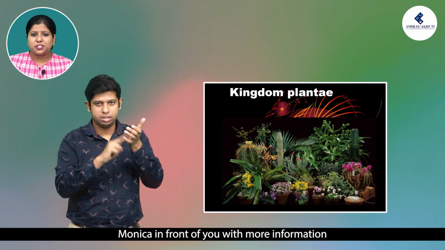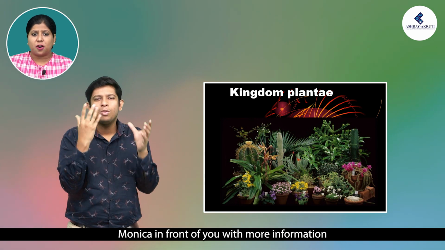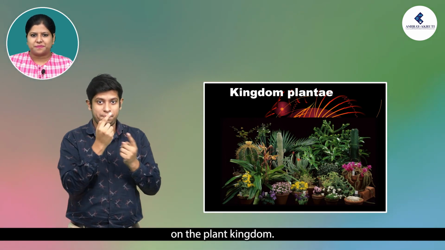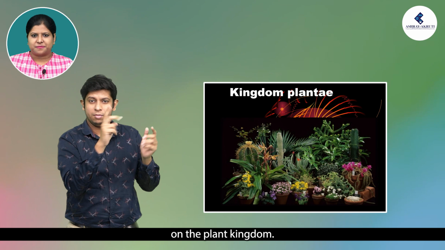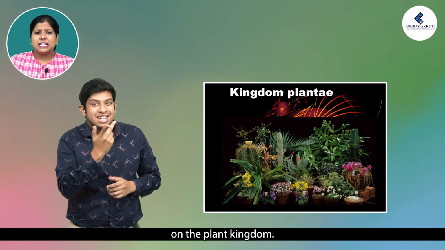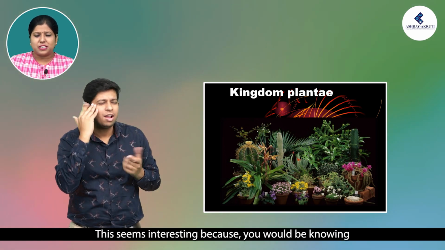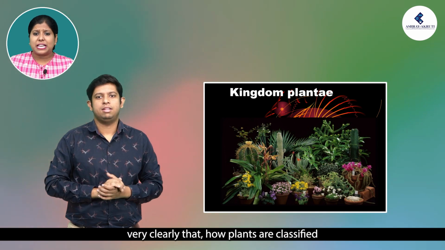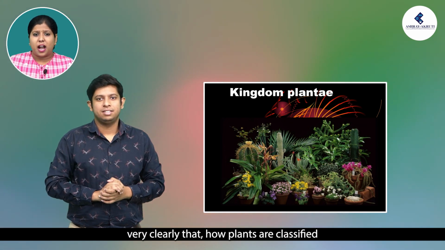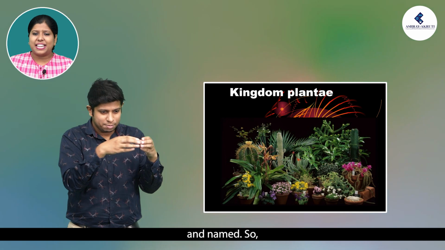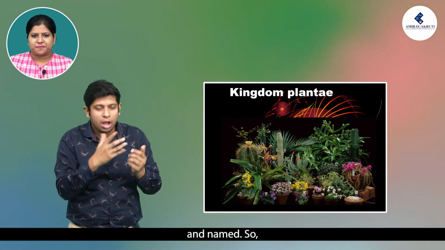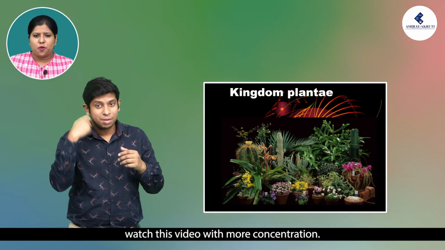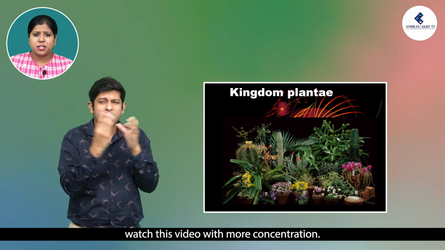Maunika is in front of you with more information on the plant kingdom. This seems interesting because you will know very clearly how plants are classified and named. So, watch this video with more concentration.